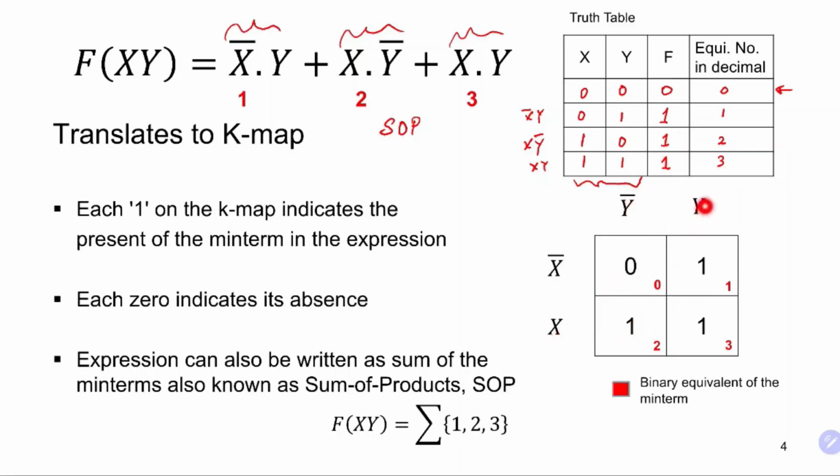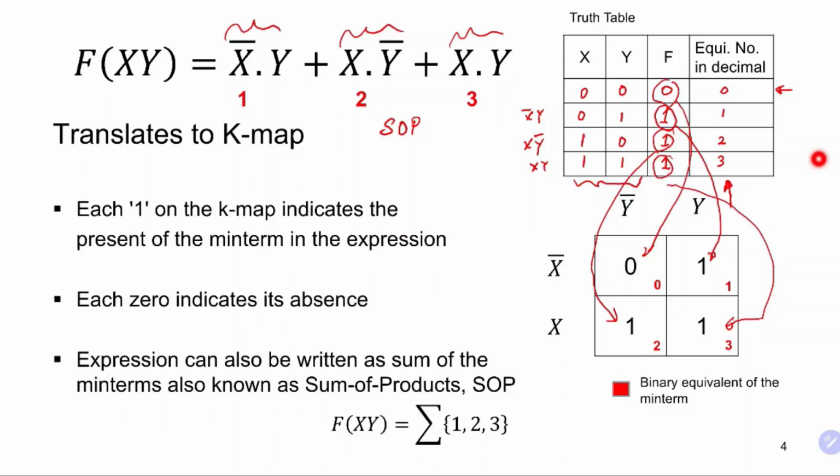And then x, y, I put a 1 there. Here at the bottom, I put down in red color 0, 1, 2, 3. That corresponds to these columns here, which is the decimal equivalence of my binary number. Basically, I'm mapping this into here. That is how you go from the truth table to a K-map.